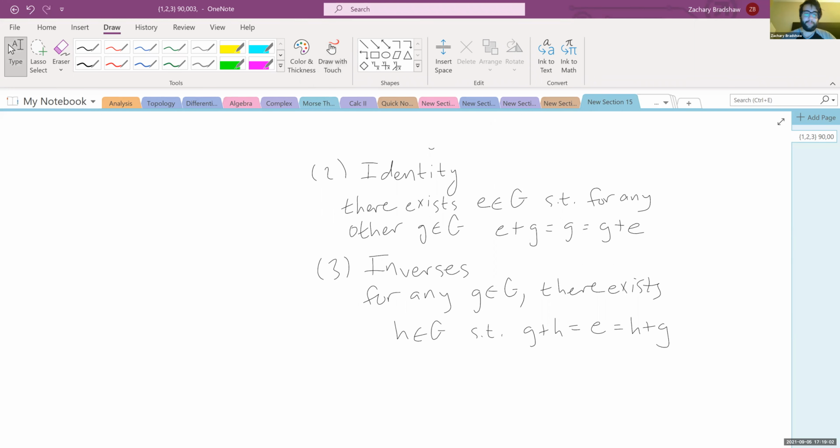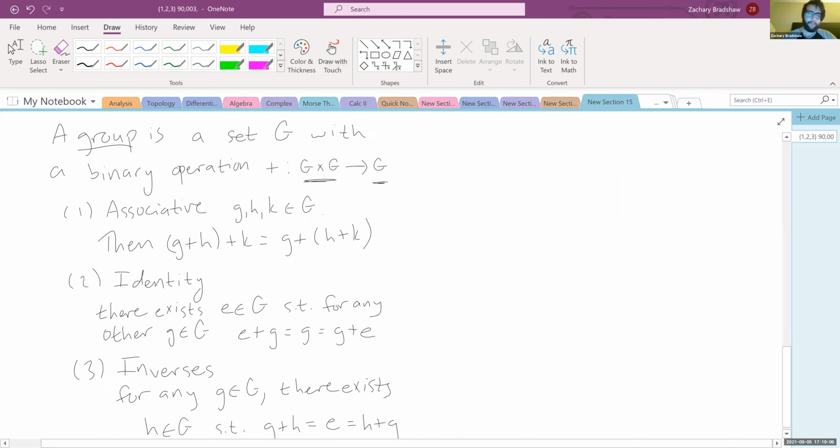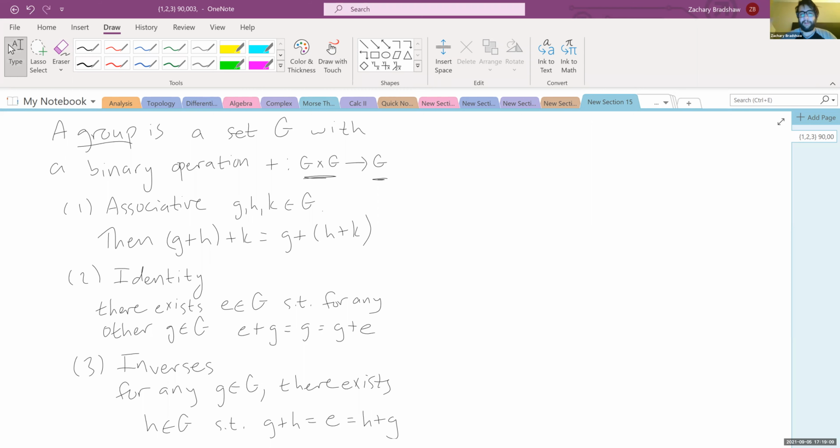So let me zoom out. Anytime you have a set with an operation, which I just called plus here, that satisfies these three properties, what you have is called a group. Okay, so groups pop up everywhere in mathematics, and occasionally you'll see them in quantum computing, maybe even quantum information theory, I don't know.